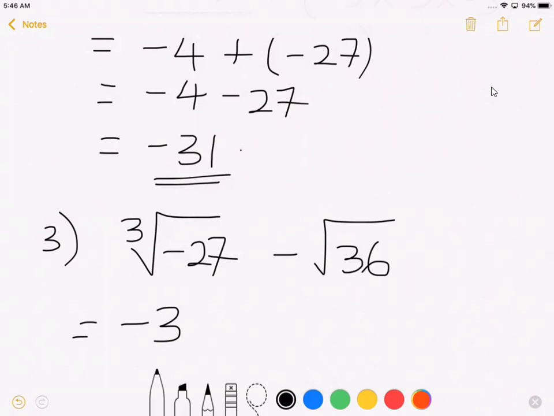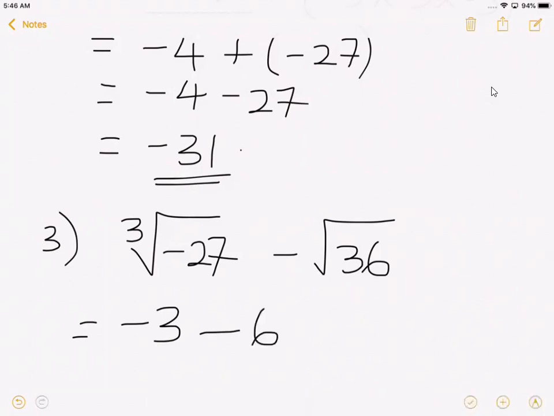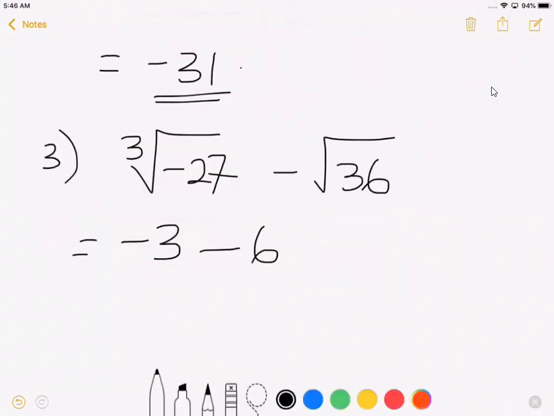There is a minus there, so I put a minus down. What is the square root of 36? It's 6. And then, what is minus 3 minus 6? It is minus 9. And we are done with today's lesson.